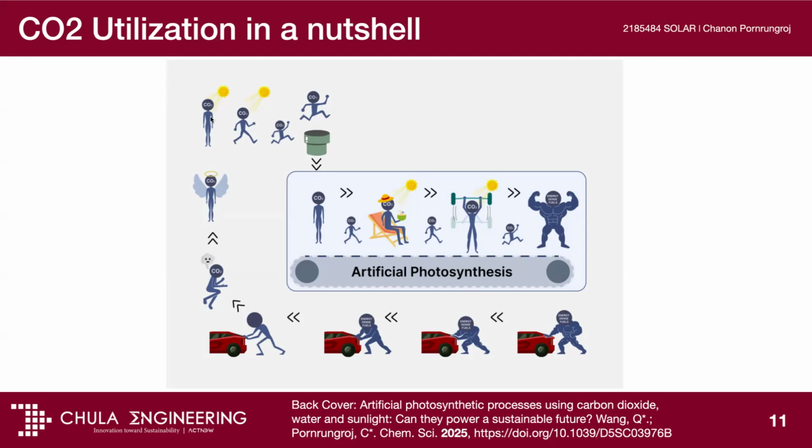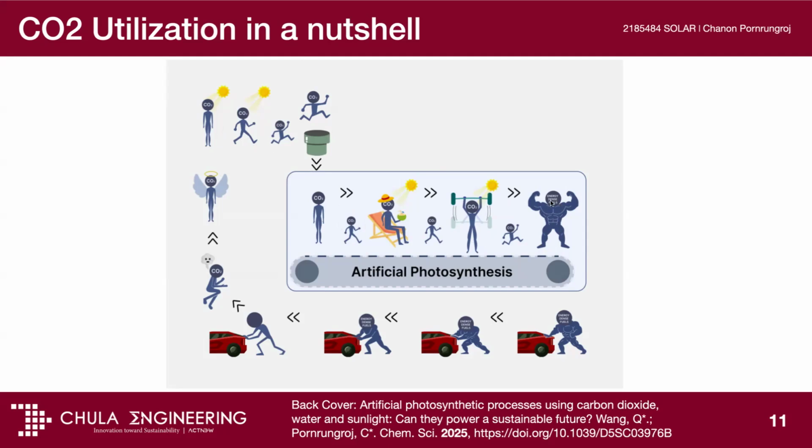This is what we want to achieve, right? You have the very inert carbon dioxide, you want to activate it by sunlight and it becomes energetic. It goes through the artificial photosynthesis, right? It takes up more sunlight, some water, and then it becomes strong, like energy dense fuels. So this can be methane, methanol, ethanol, other small molecules.